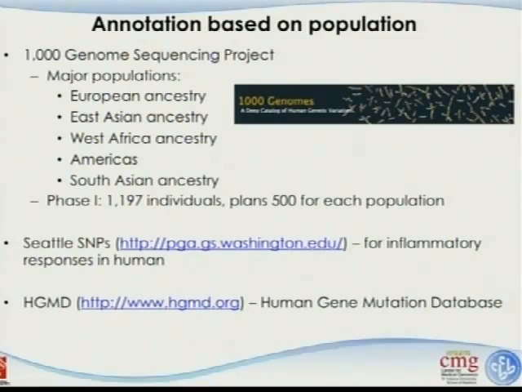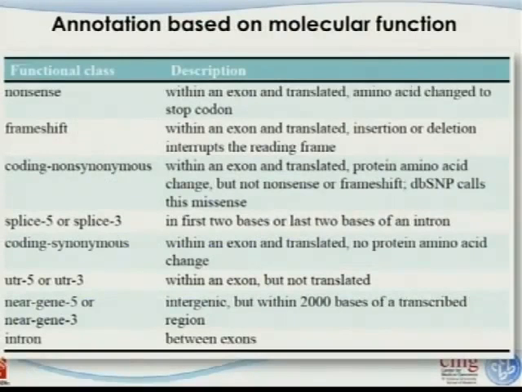They just help you to identify whether your variation has already been identified or not. Those are really human-curated databases, and a lot of people use HGMD as their gold standard when they do research. Okay? So we talked about annotations based on the genomic loci and annotations based on the population.